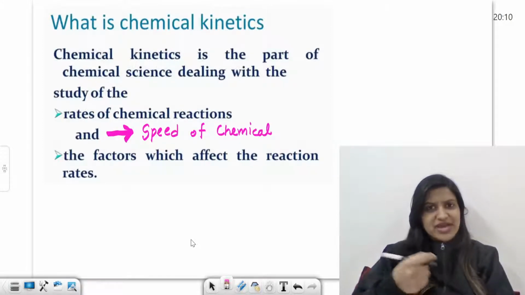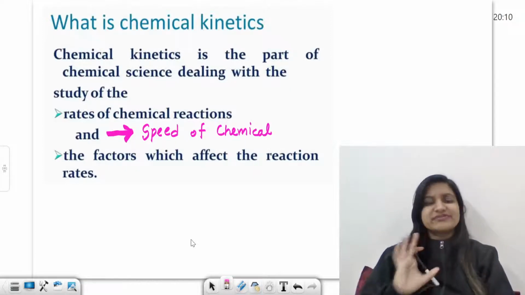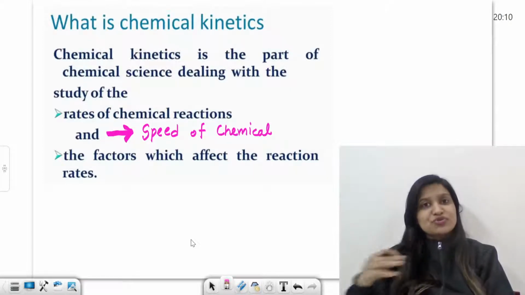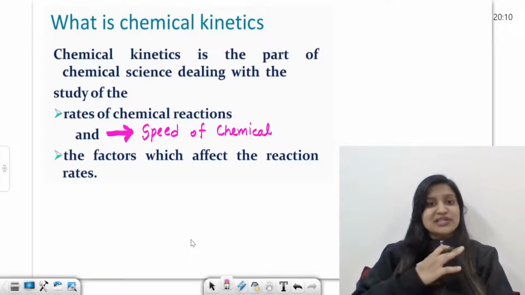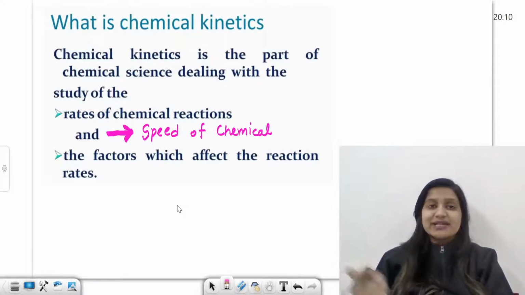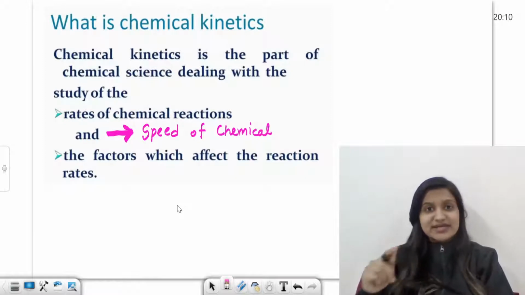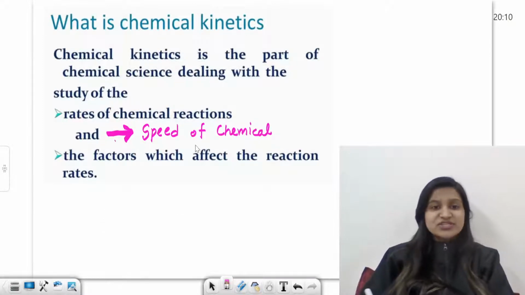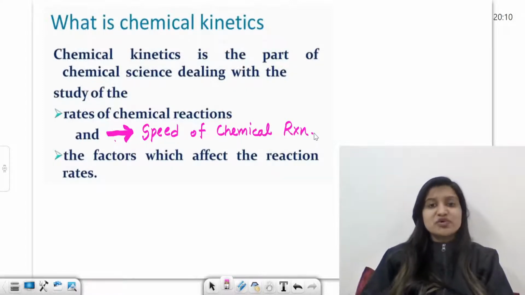When your reaction is proceeding at a moderate rate, not too fast, not too slow. So that's a moderate reaction. We will discuss in detail what these three kinds of reactions are. So the speed of chemical reaction, that's what we mean by rate of chemical reaction.